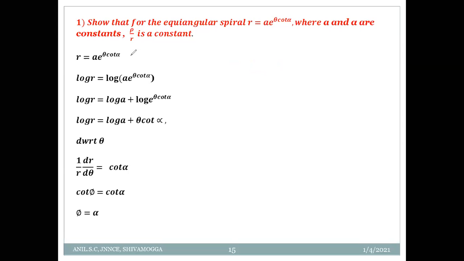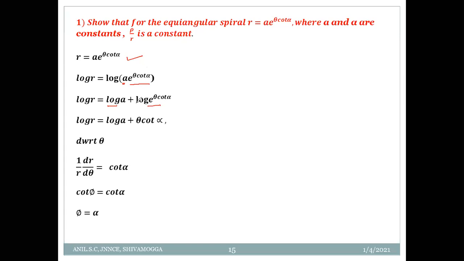r is equal to a into e power theta cot alpha. This is the given expression. Now take log on both sides. Log r is equal to log of a into e power theta cot alpha. Clearly this takes the log m into n form. Log of m into n is log m plus log n.